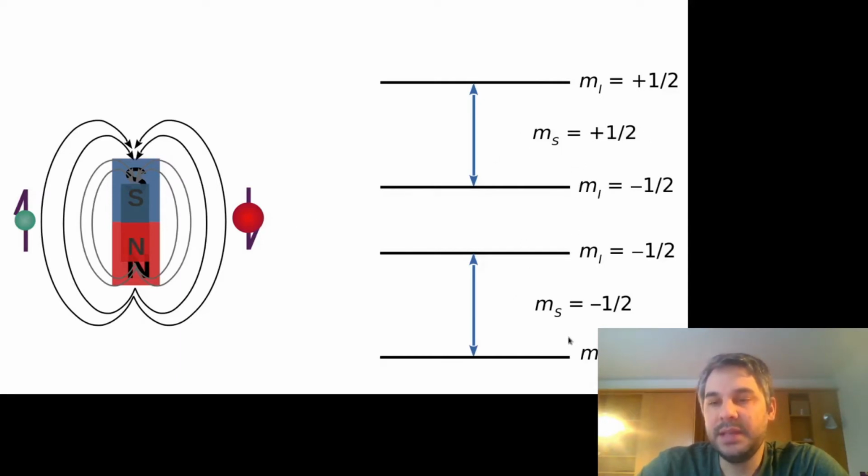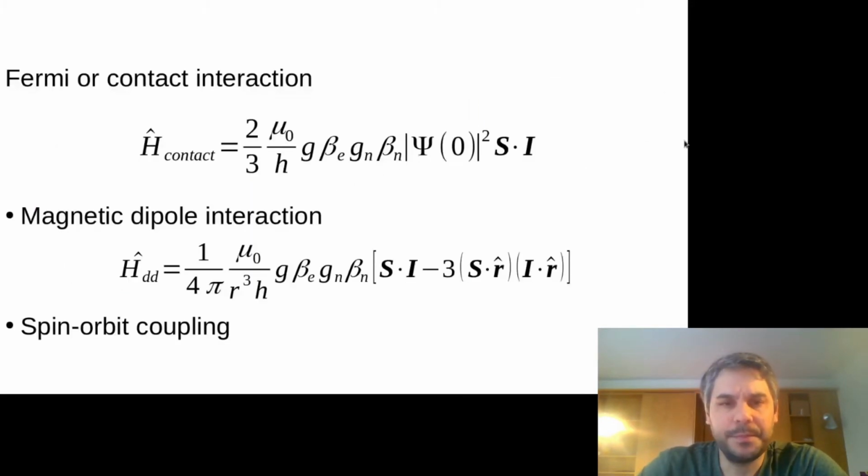When ms equals minus 1/2, the lower energy state is with mI equal plus 1/2. And vice versa, when ms equals plus 1/2, the lower energy state is mI equals minus 1/2. So these are two formulas that describe what I have been discussing below.